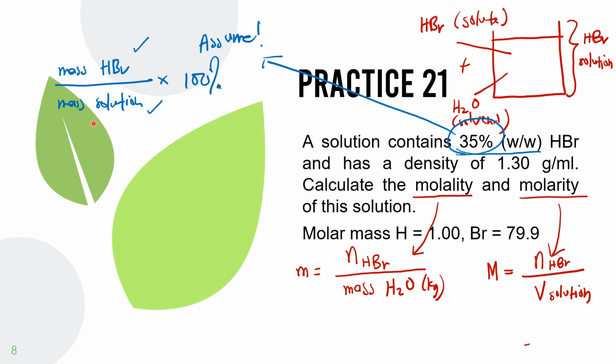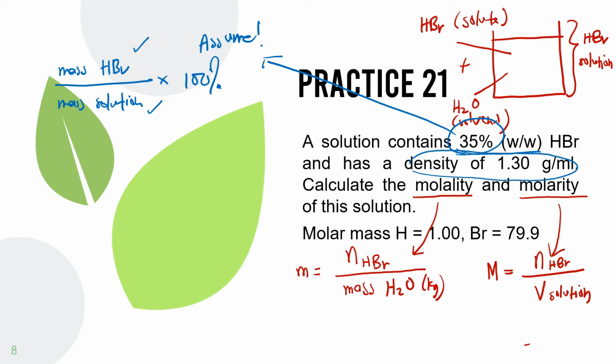And then, by having the mass of solution, what can we do with it? Can we use this value directly in this formula? The answer is no, because we want the mass of solvent, not the mass of solution. So from the mass of solution, what we can do is relate it with the density of solution. Why?